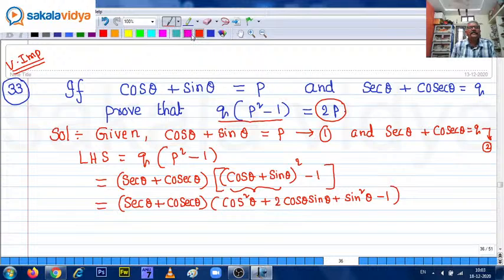Here, the very interesting thing is that this cos square theta plus sin square theta, we get 1.